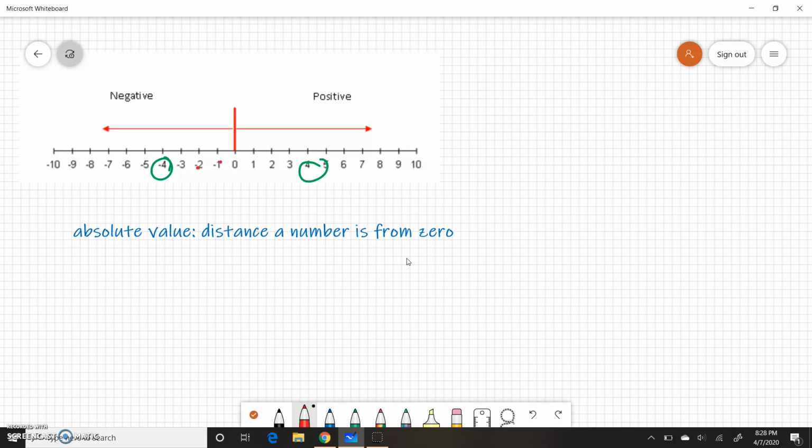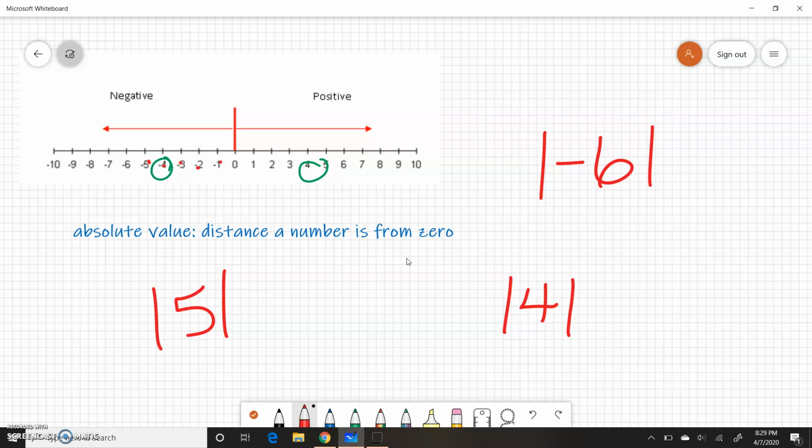Well, 1, 2, 3, 4, 5. It's 5 spaces from 0. Absolute value will be written with 2 lines around the number. So it'll look like that, or it could be written like this. There's always 2 lines around the number. That's what's called absolute value. It just means how far is that number from 0.